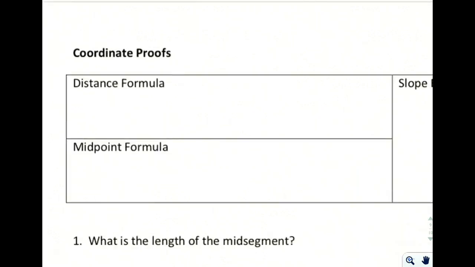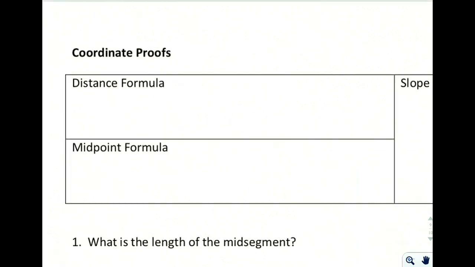We're going to start out with the distance formula. The distance formula, as I like to define it, is just a variation of the Pythagorean theorem, which is a squared plus b squared equals c squared. If you take the square root of both sides, you have c is equal to the square root of a squared plus b squared.